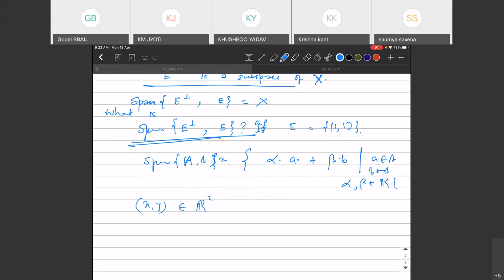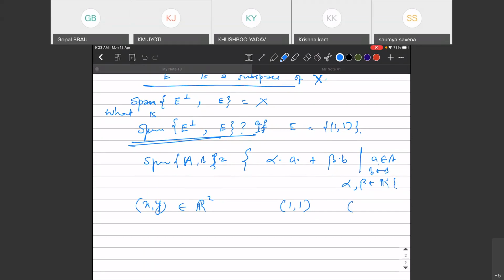The claim is (x, y) can be written as a linear combination of an element from E perp and E. E was (1, 1), correct?